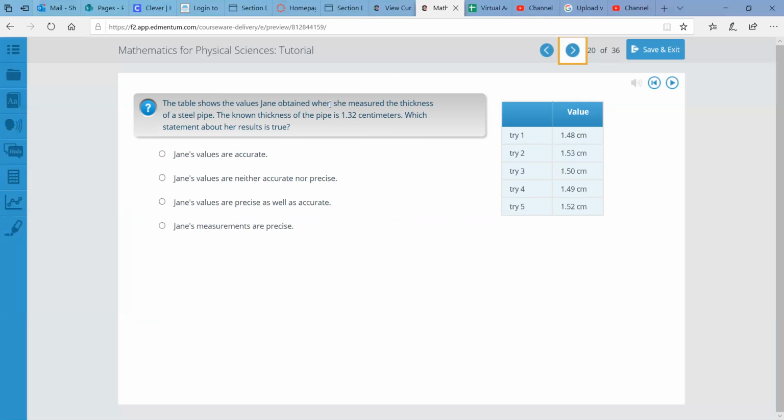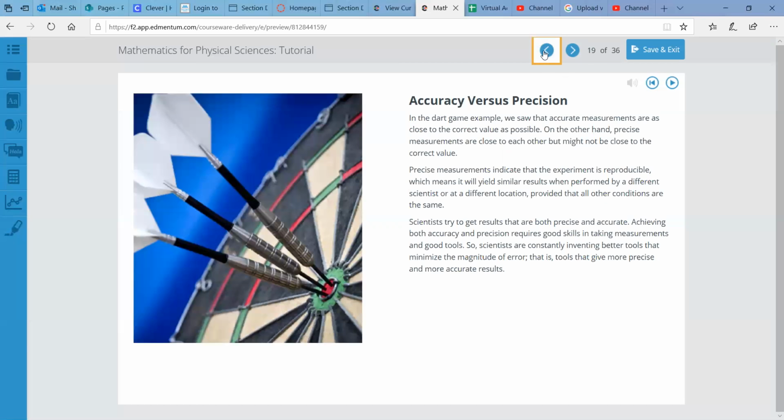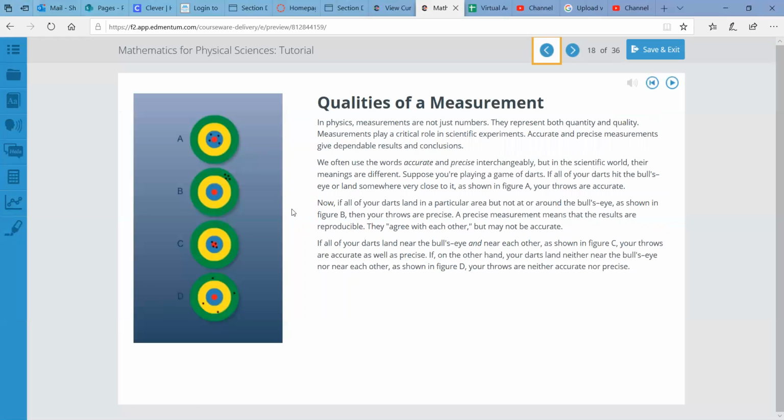So they're given a pipe, 1.32 centimeters. They measured it 5 times. You notice they're pretty close together, but they're not close to the actual value. So I think that looks most like this one.